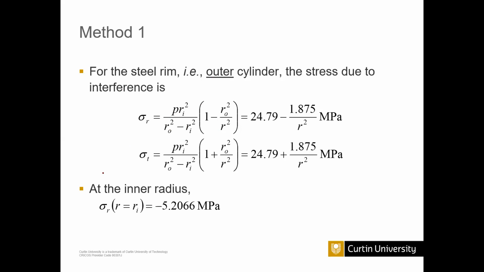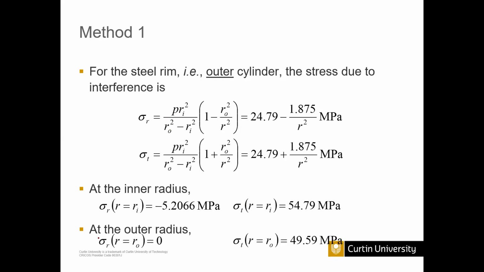We already know this boundary value because it cannot be changed. This is the inner surface of the tangential one; at the outer radius of the outer cylinder, it is 0.